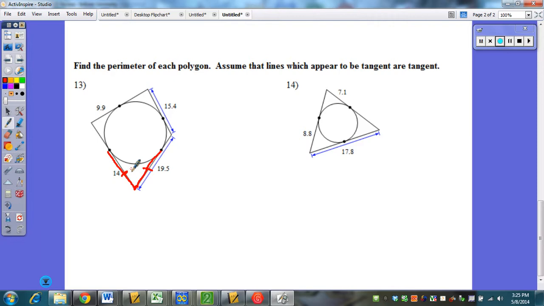Okay? So then if this side right here is 14, then this side right here is also equal to 14. We're going to minimize this pen a little bit, give ourselves some more room. So let's just erase this so we have some room here. And we know that this side right here is also equal to 14.